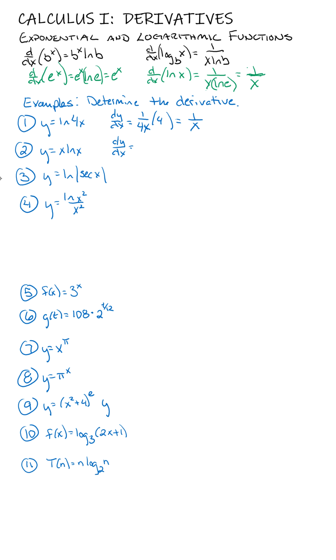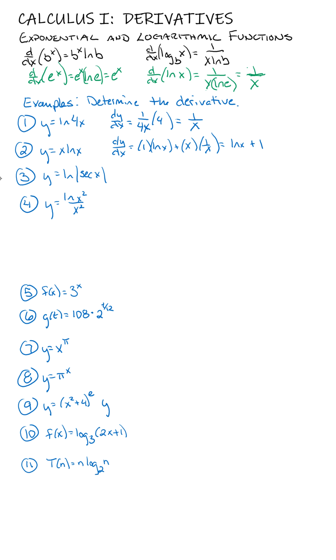All right, so we take the derivative of the first, which is 1, times the second, plus the first times the derivative of the second, and the derivative of the natural log of x is 1 over x. We can simplify this. 1 times the natural log of x is just the natural log of x, plus x over 1 over x, that's just 1. So we end up with the natural log of x plus 1.